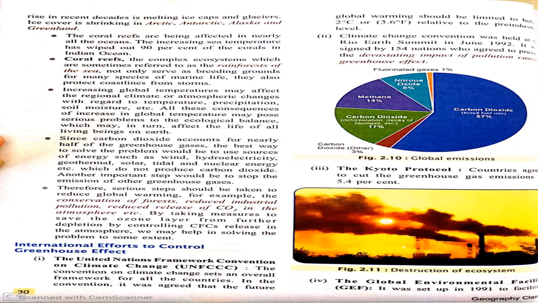Now the next is the Kyoto Protocol. Countries agreed to cut greenhouse gas emissions by 5.4%. Various countries agreed to cut the greenhouse gas emissions by 5.4%.